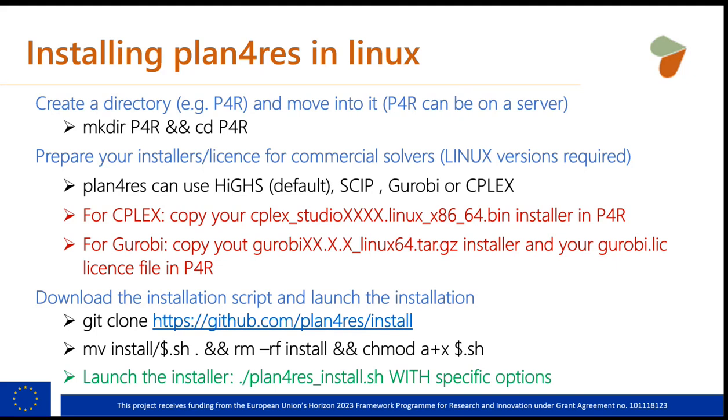Be careful, you will need the Linux installers even if you are installing on WSL or Vagrant. And you need to place those files, so the installer and the Gurobi license for Gurobi, in the directory that you have made. Once this is done, you will have to download the Plan4res installation script, which is available on the Plan4res GitHub, and then to run it, and just wait.